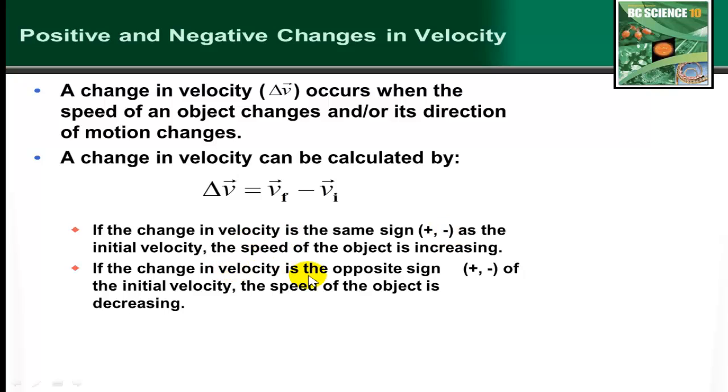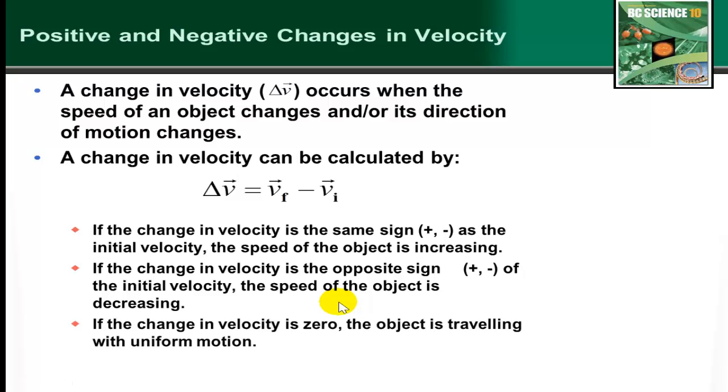If the change in velocity is the opposite sign, again plus or minus, of the initial velocity, the speed of the object is decreasing. And there's a third option. If the change in velocity is 0, the object is traveling with uniform motion. And yeah, there wouldn't be any change in velocity.